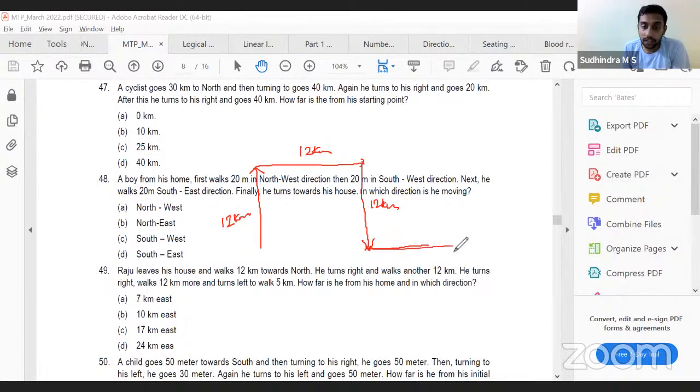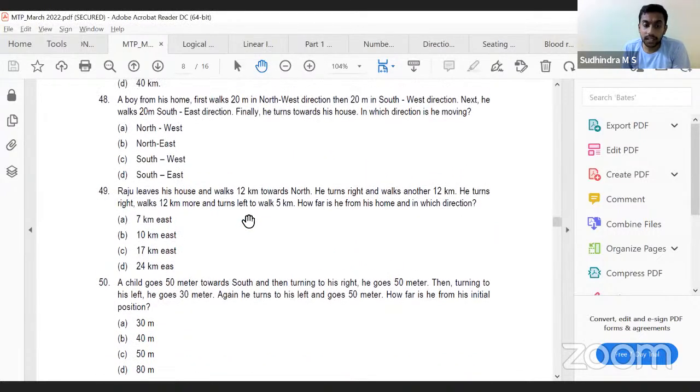So he is walking 5 kilometers, which means he has traveled 17 kilometers east from his house.